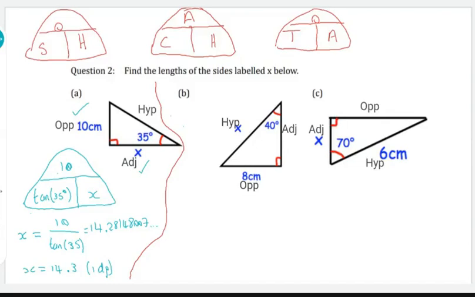The opposite. Mm-hmm. So therefore, we're now looking for the triangle at the top that has hypotenuse and opposite. Does that make sense? Yeah. So which of those three triangles has hypotenuse and opposite? The first one. Yeah, the first one, the SOH one. Emphasis on that H.